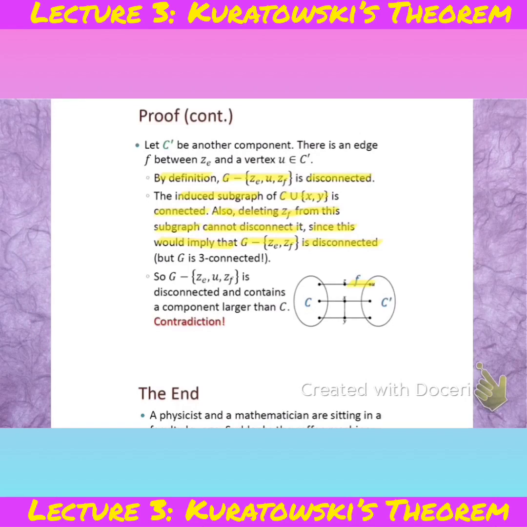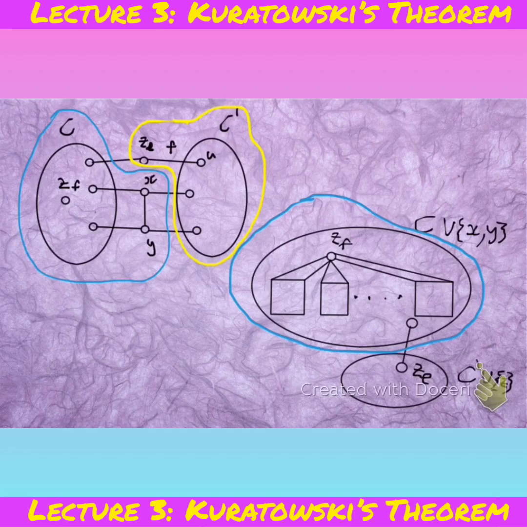Remember, we said here that deleting that Z_F from this induced graph here, we said it cannot disconnect it. Well, let's prove it. Let's say it does disconnect it. All right, so just look at that. There we've got the yellow part and the blue part. Let's just draw it a little bit differently here. Now I want to show that deleting this vertex Z_F, let's say that Z_F did lie in the blue part.